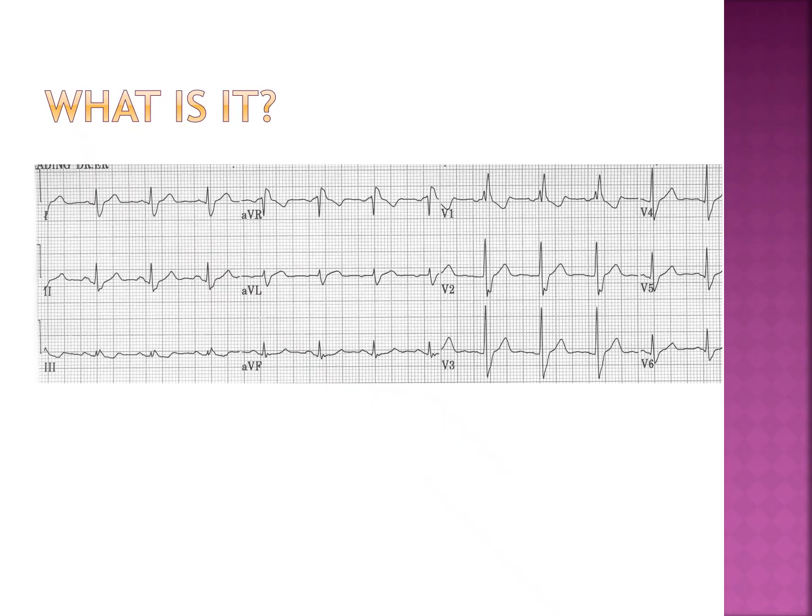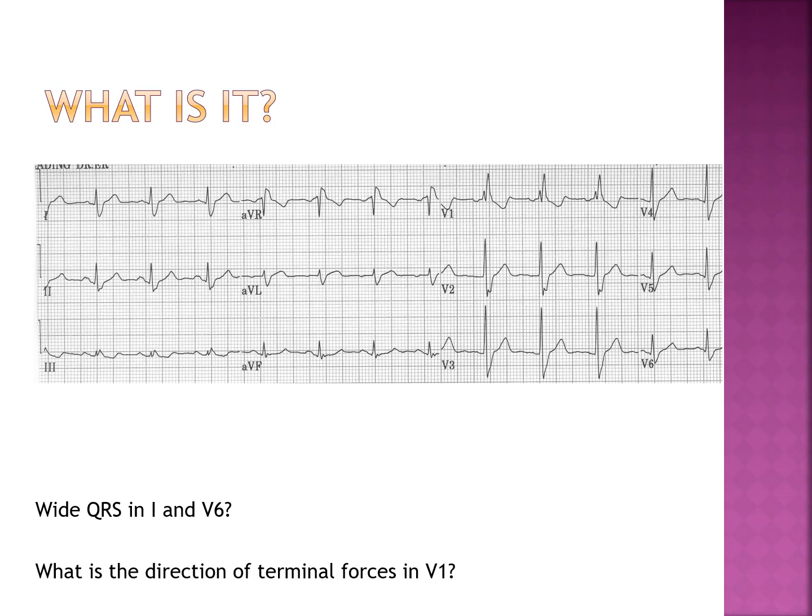Let's try this one. So I look at 1 and V6 and I notice that I don't have a wide QRS complex. So if somebody said, be looking to see if you have a bundle branch block, I look at 1 and V6 and I say, well, they're not wide QRS complexes by any means. And then I look at the terminal forces in V1, and what do I notice?